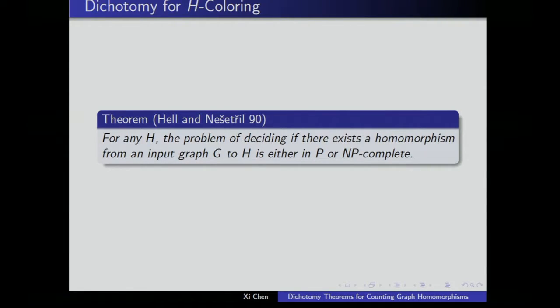And the problem is to decide, given an input graph G, whether there exists a homomorphism from G to H. So every fixed graph H defines a problem, and that's the class of problems that we're interested in here. And Hell and Nešetřil proved that every such problem is either in polynomial time or NP-complete.